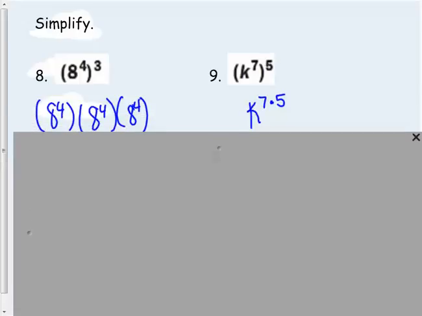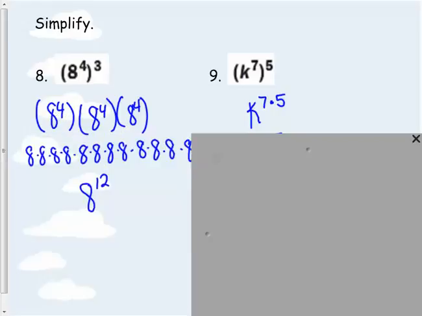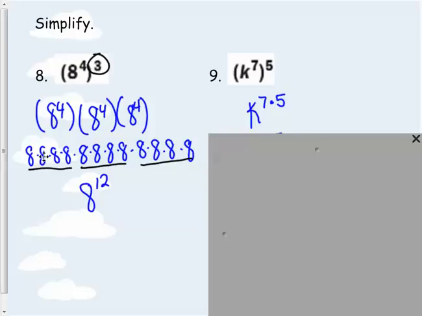So what this really truly means is you take 8 to the 4th power times itself 3 times. When you do that, it's like factoring out 4 8's, and there would be 3 groups of them. So this would be 8 to the 12th power. What's the rule then?